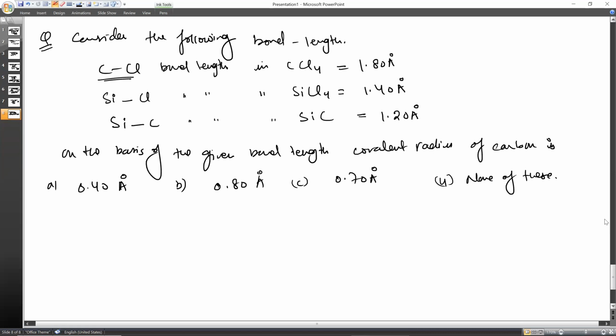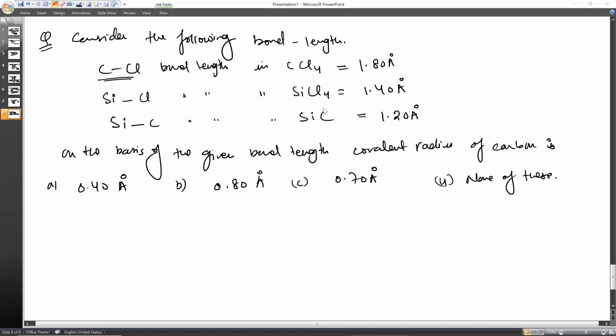How will you solve this one? Are you there? Do you know how you will solve this one? The following bond lengths are given to you. So how will you find out?